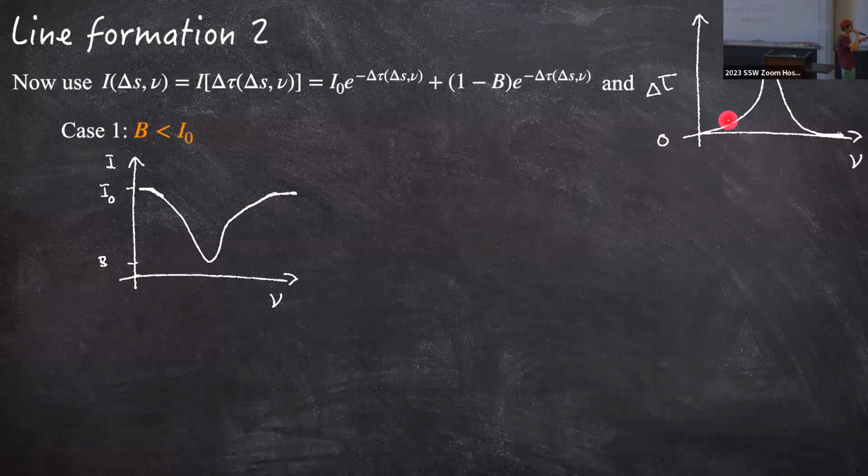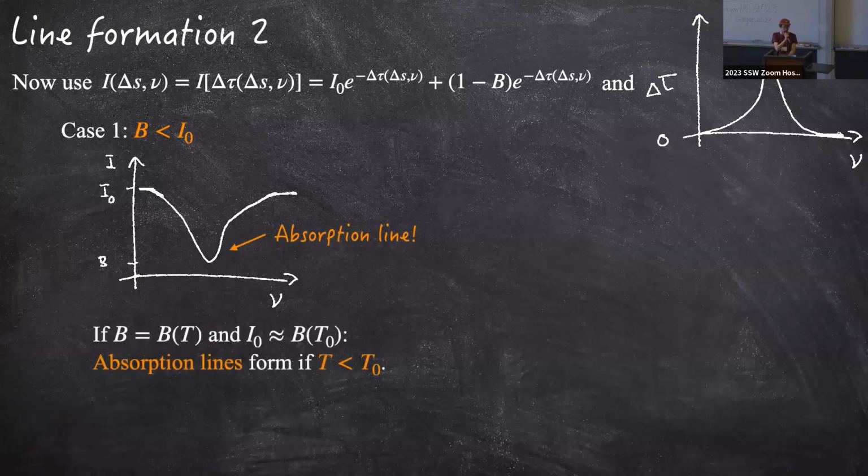But in the peak of the line, delta tau is large, so the intensity will go to B. Because B is lower than I0, you get this shape here, which is called an absorption line. If B equals B of T and I0 roughly corresponds to a different temperature, B of T0, for example, absorption lines form if T is smaller than T0.